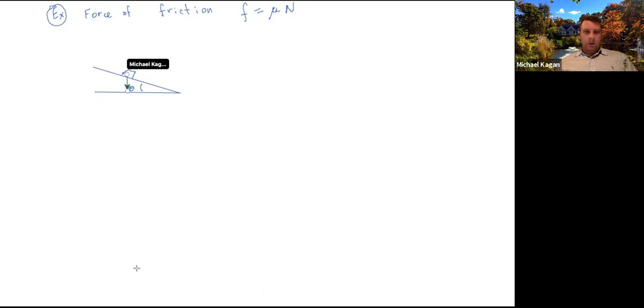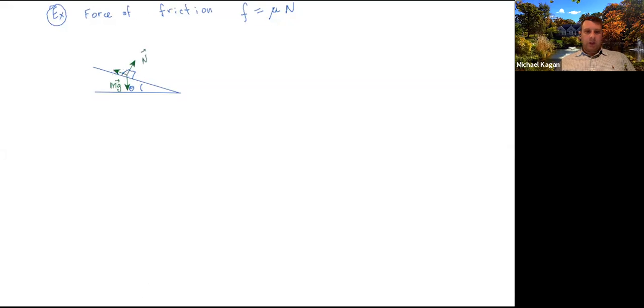There is a downward force, the force of gravity, mg, and there is the normal force, that is perpendicular. In fact, the word normal, as you know, is a synonym of the word perpendicular. And there is friction up the hill. So here is the setup.